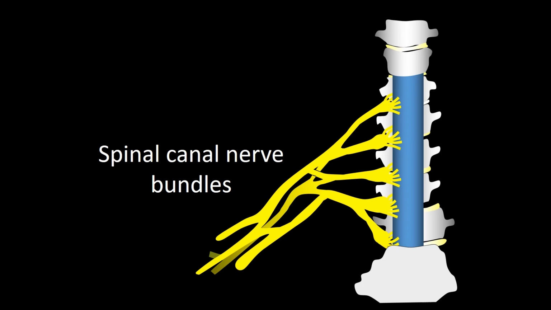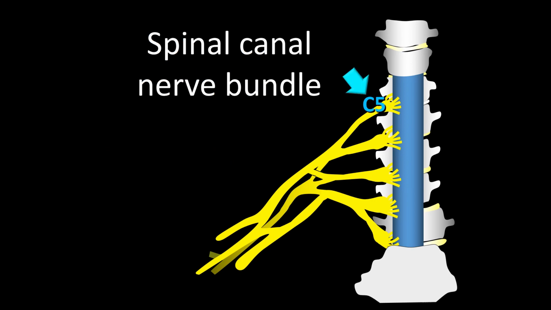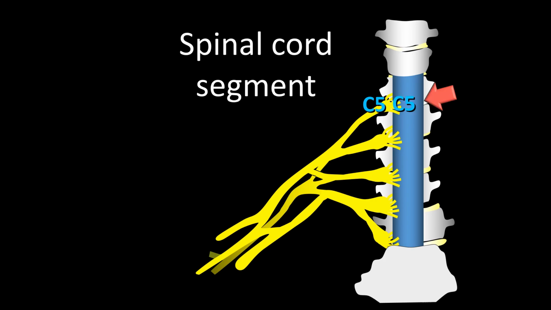The spinal canal nerve bundles have a one-to-one relation and define the spinal cord segments. So the C5 spinal canal nerve bundle correlates with the C5 spinal cord segment.